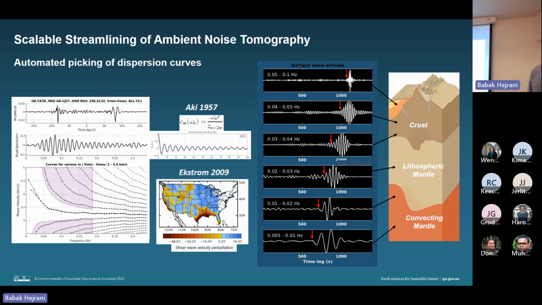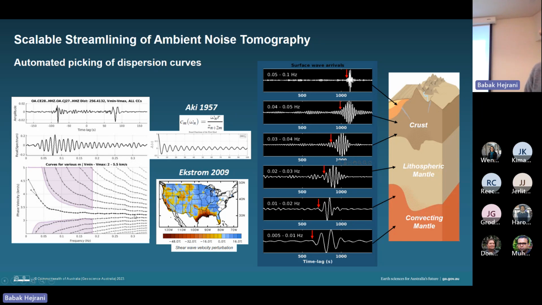This method has been used widely for the past 20 years to image the Earth structure. Here I'm showing you an example done by Ekstrom in 2009, where they imaged the continental US. I forgot what frequency band this was, but I think it's about 5 seconds.